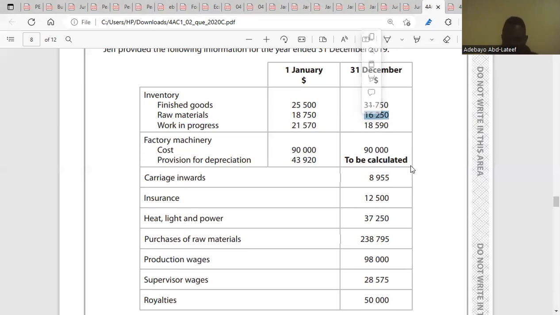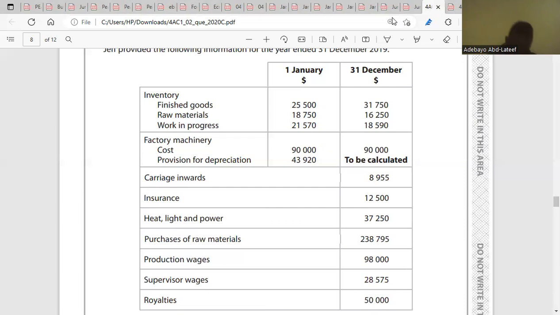Then you have what we call the cost of raw materials consumed. So the figure you get is called the cost of raw materials consumed. Is it clear? So the cost of raw materials consumed is 250,250.